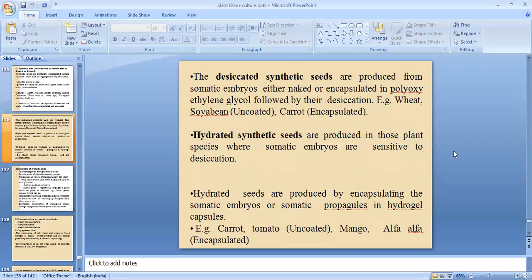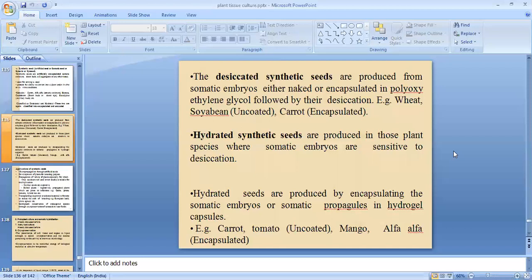And the next one is the hydrated synthetic seed. Here the seeds are also produced from somatic embryos which are highly sensitive to desiccation. So how are these hydrated seeds produced? Here the moisture content is not removed. Why? Because when you remove the moisture content, the seeds are highly sensitive to the various processes used to remove the moisture.